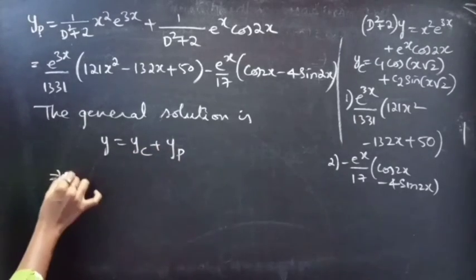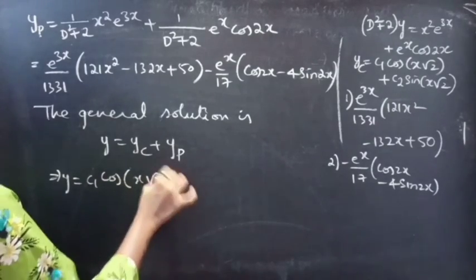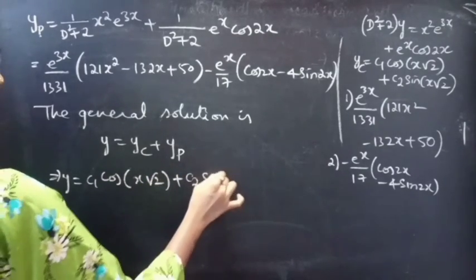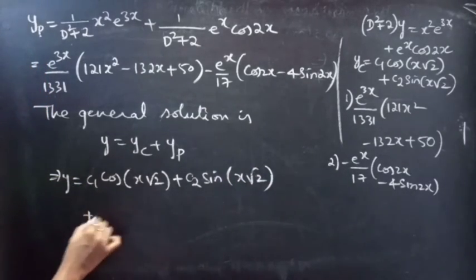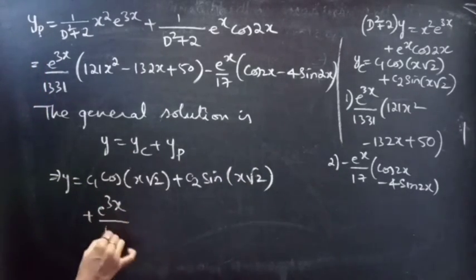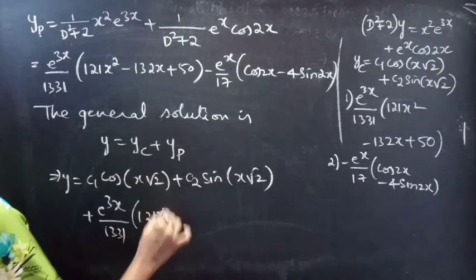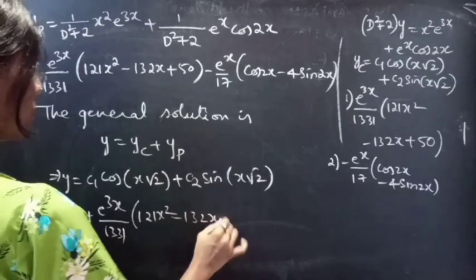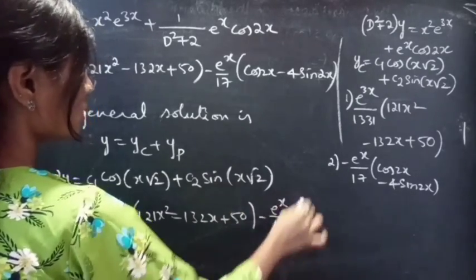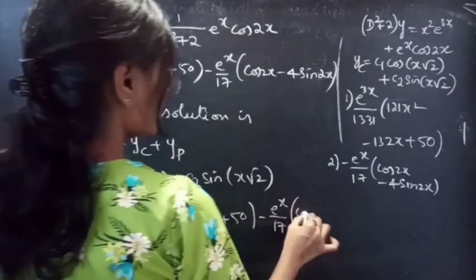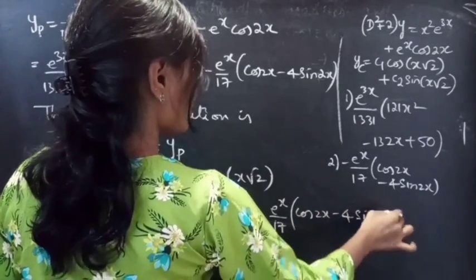We have yc as c1 cos x root 2 plus c2 sin x root 2, plus yp, e power 3x by 1331 into 121x square minus 132x plus 50, minus e power x by 17 into cos 2x minus 4 sin 2x. So this completes the problem.